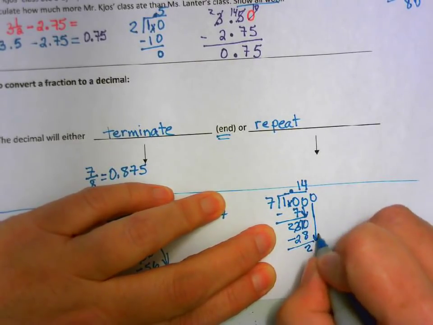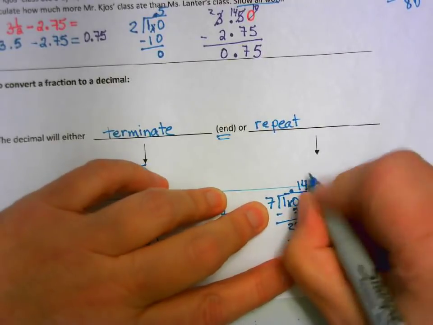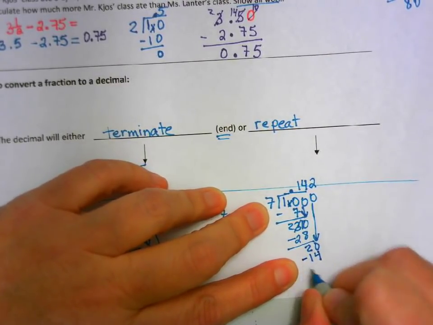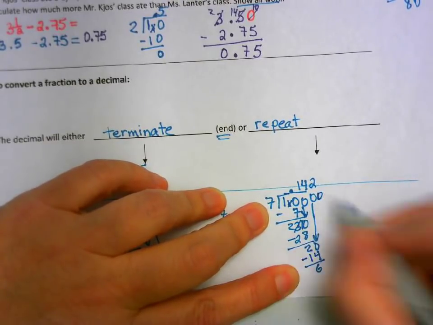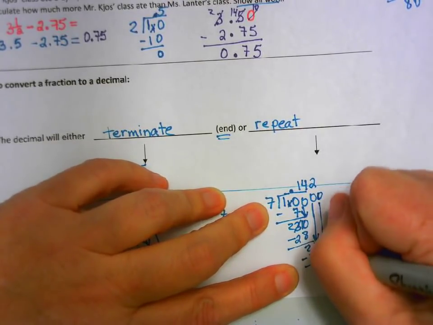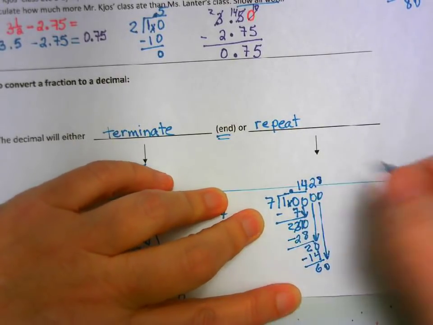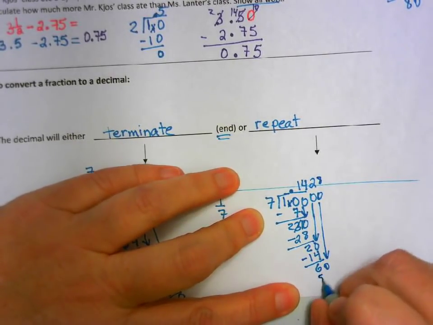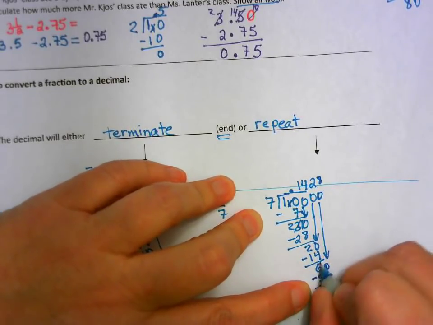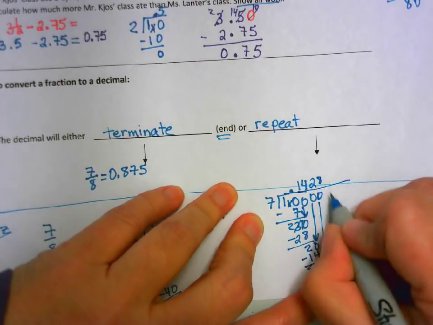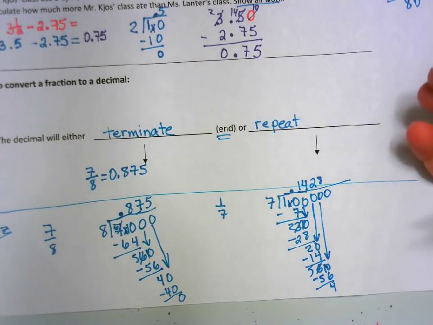Another 0. Draw that line out. Oh my gosh.